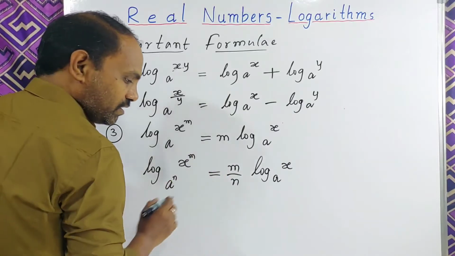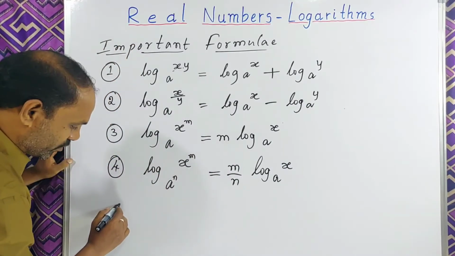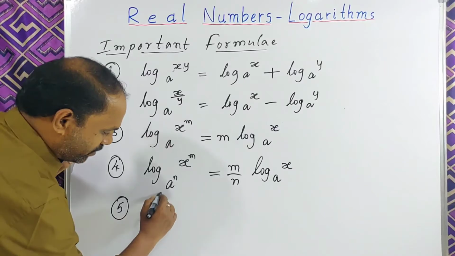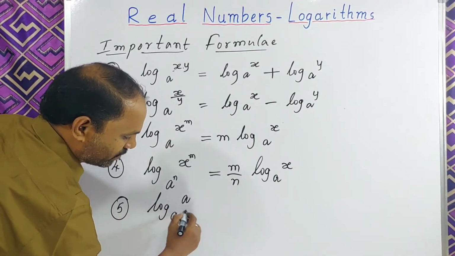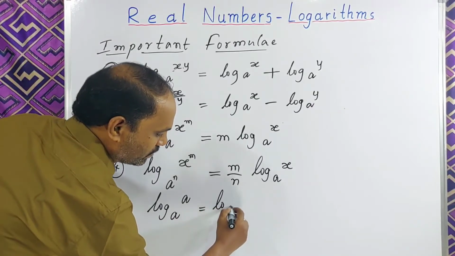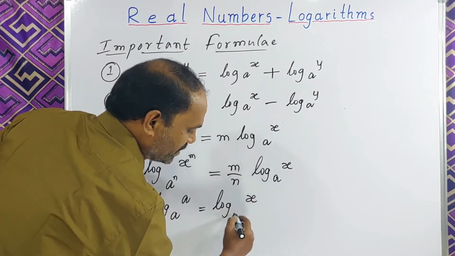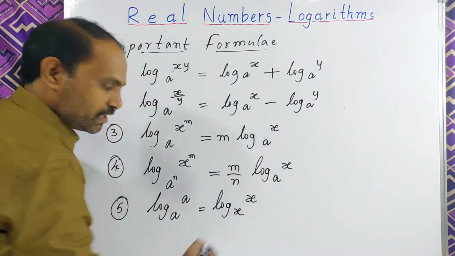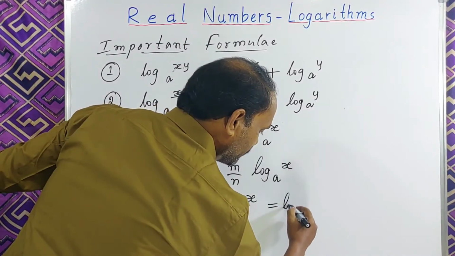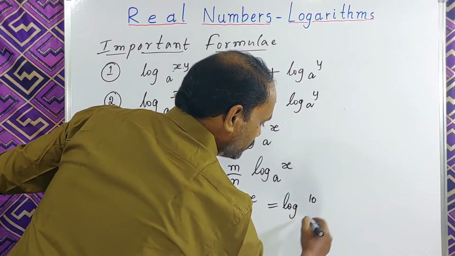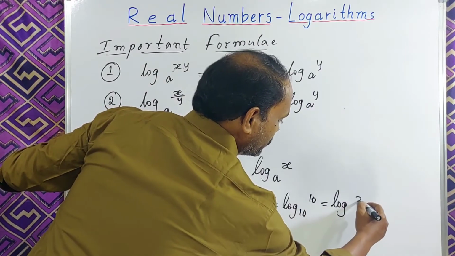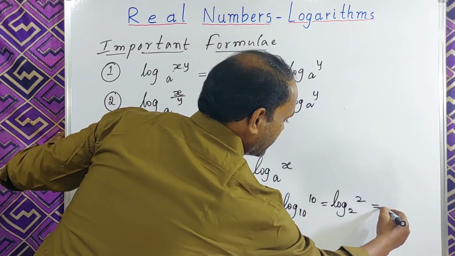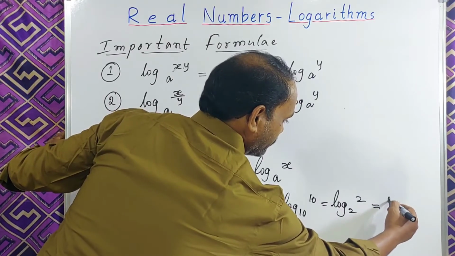Now one more formula: log a to the base a, or log x to the base x, or log 10 to the base 10, or log 2 to the base 2, all become 1.